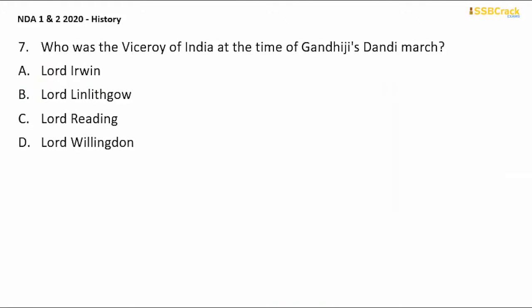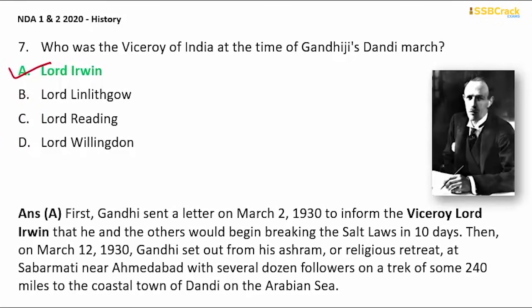Now the next question is, who was the Viceroy of India at the time of Gandhiji's Dandi March? Lord Irwin, Lord Linlithgow, Lord Reading and Lord Wellington. So the correct answer, again a very direct question, is Lord Irwin, because even before going on the march, Gandhiji first sent a letter in March 1930 to inform the Viceroy Lord Irwin that he and others would be breaking the salt laws in 10 days.